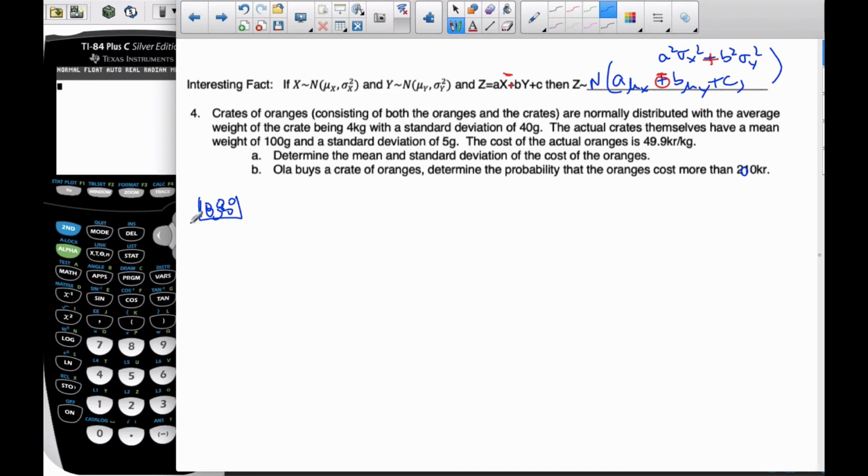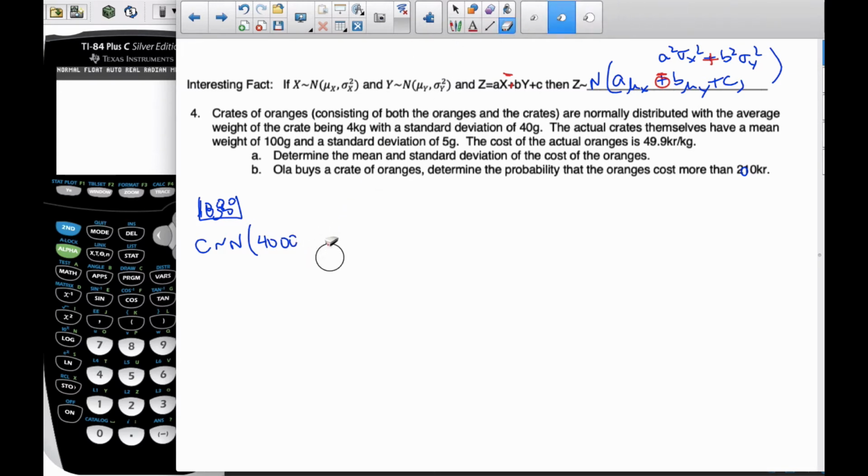So all of this together, we'll call it C, is normal with 4,000 grams. I'm going to do grams because it just seems a lot of grams, so we'll use grams as our unit. So 4,000 grams.